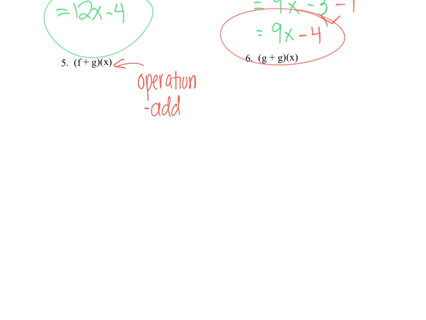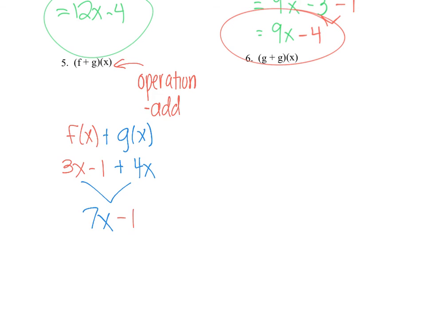So, what's f of x plus g of x? My f of x, what is it? What's my g of x? Somebody besides Martin, what are my like terms? 3x. Good. What's 3x plus 4x? And what's left? Good, that's your answer.